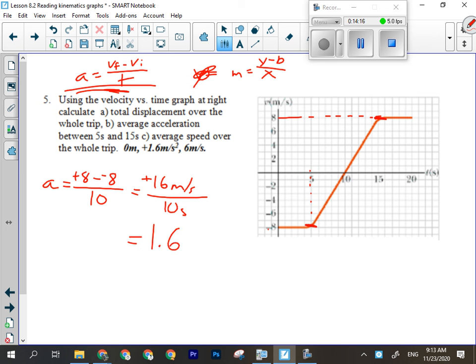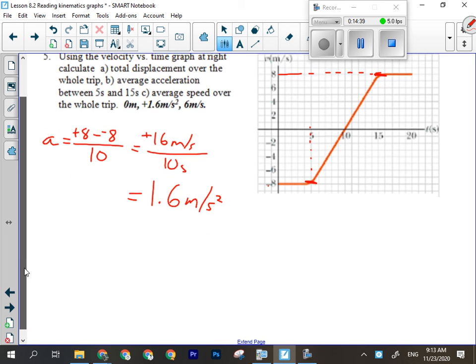I'm going to get 1.6 meters per second, or this is something I didn't talk about last week. We actually abbreviate meters per second per second as meters per second squared. That does not mean the number is squared. I don't want you to square your answer or anything like that. Here's why we say that.